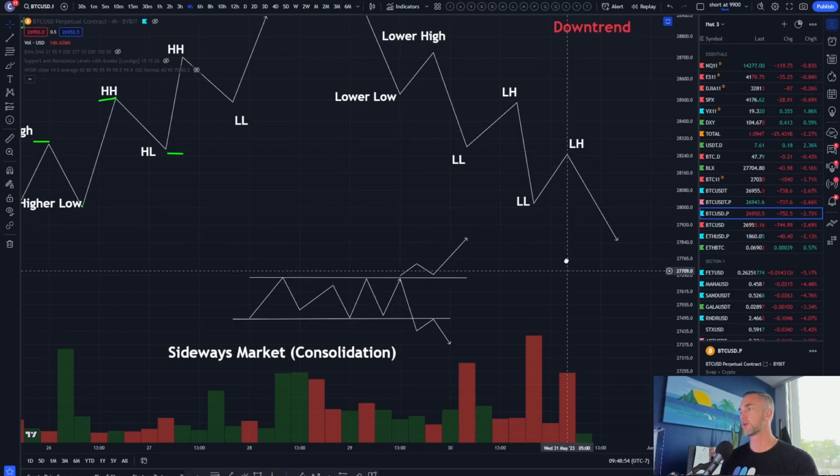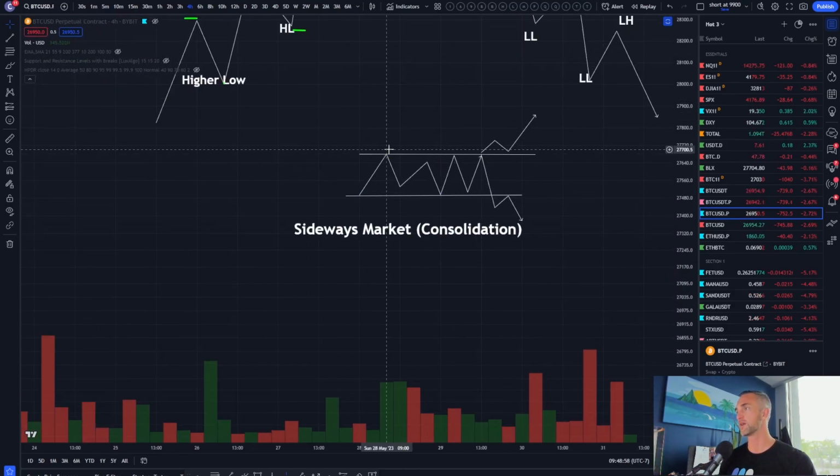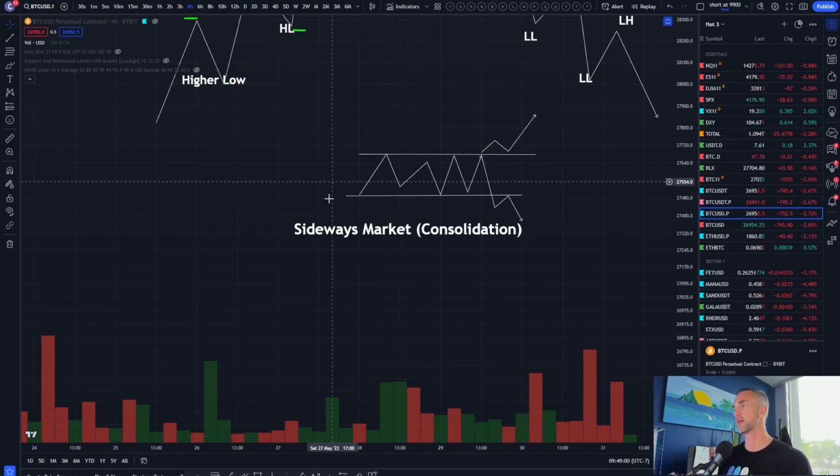So sideways market consolidation, that's what I wanted to go over with you. Essentially, when Bitcoin is consolidating up and down, it's in a range. You're either going to break the range to the upside or to the downside. If you do break the range to the upside, you're looking to buy the higher low using the previous resistance as support, and vice versa.